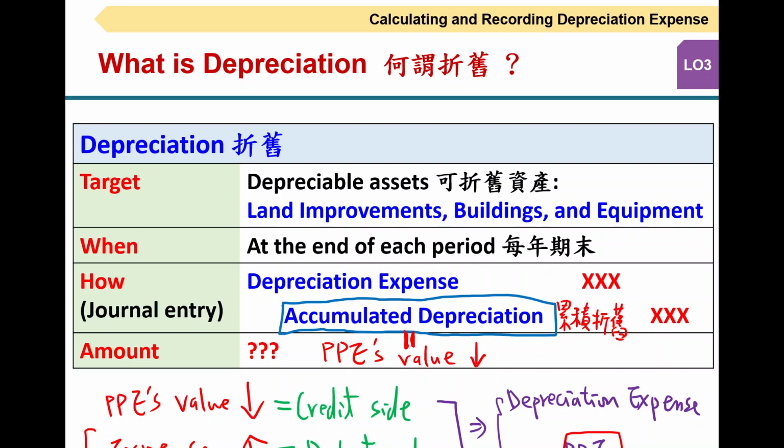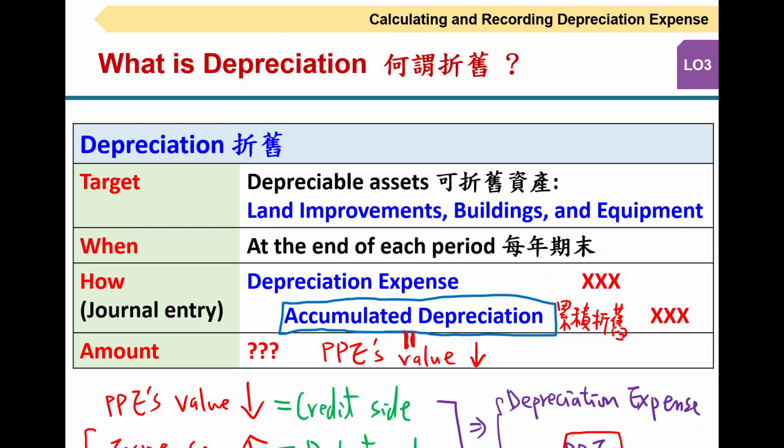No problem? So for accumulated depreciation, you should understand it means your PPE's value decrease. So we should put it on debit or credit side? Upper this side with your PPE, right? Because it describes PPE's value decrease.